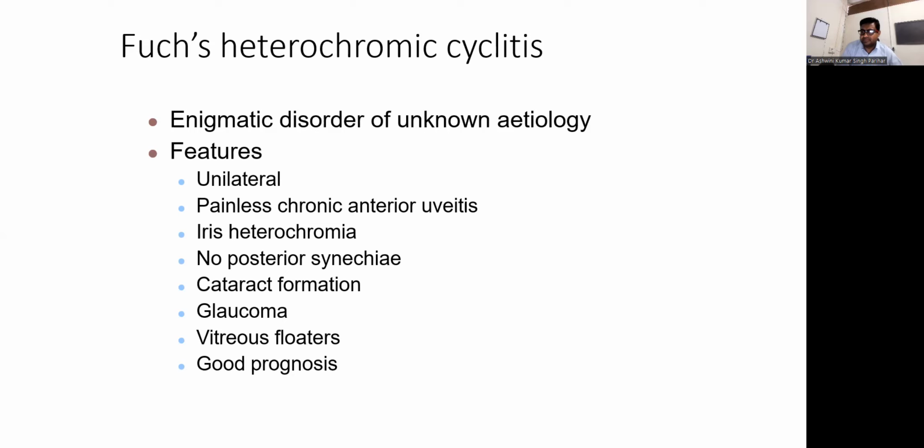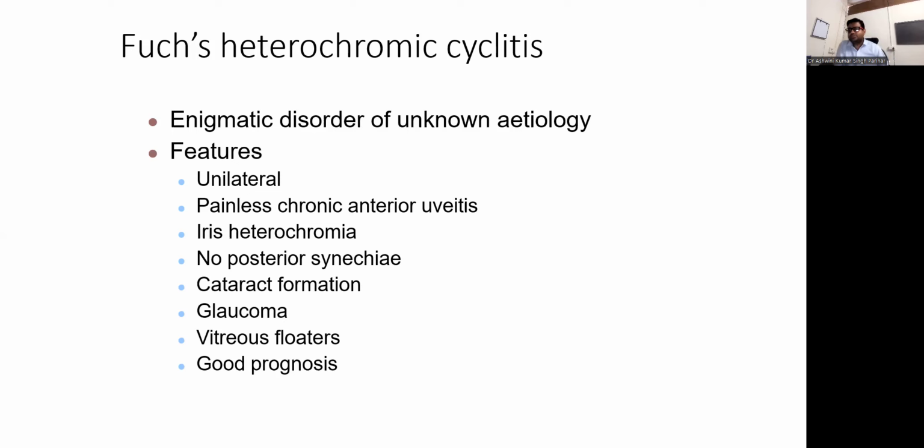And the thing is, in Fuchs heterochromic iridocyclitis there are no synechiae. So pupillary dilatation will be normal, and the patient will not have any raised intraocular pressure, because there is no synechial formation.